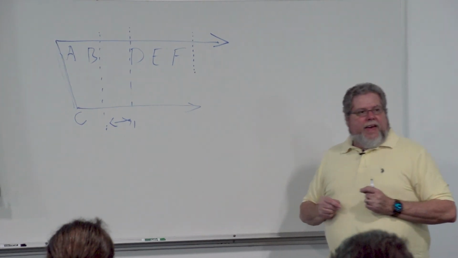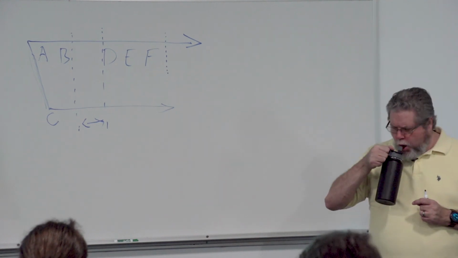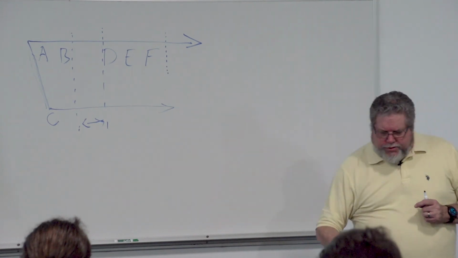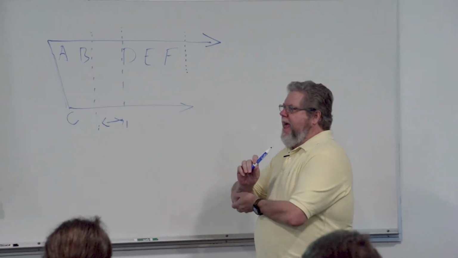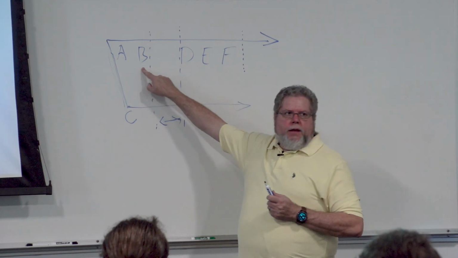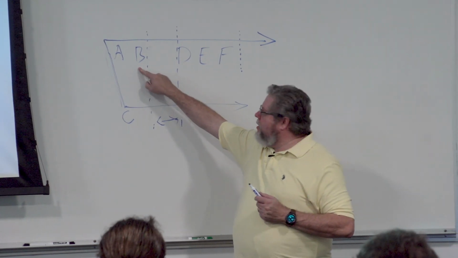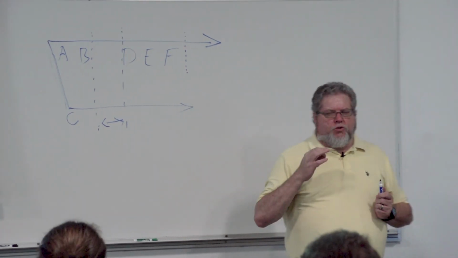But that's usually not the case. There are usually some dependencies. All right? So, for example, let's talk about a heavy dependency. Let's say that B uses values that are calculated by A. That is a strong dependency.